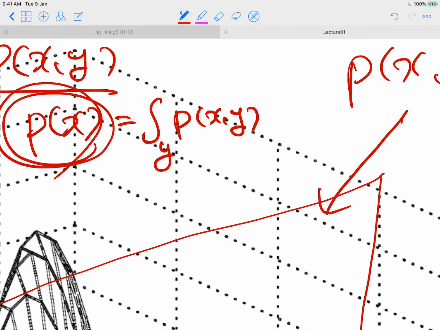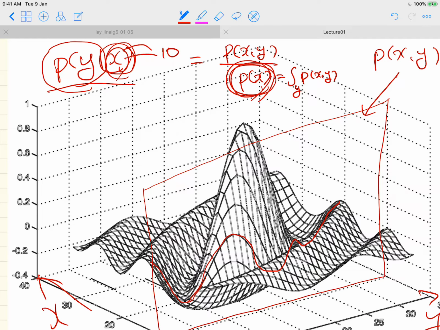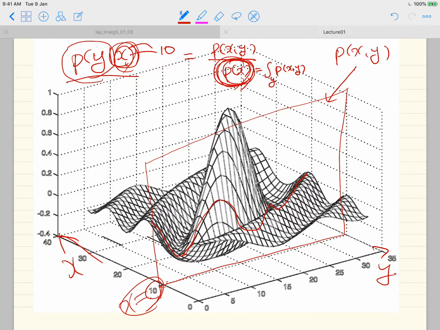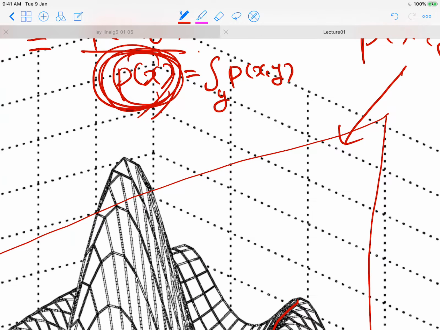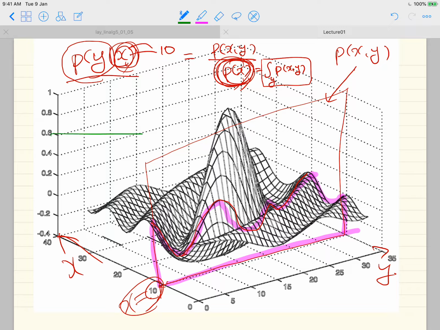So what does that mean? For example, x is 10. What is the probability P of x, which is a marginal distribution, or the integral of the joint over all the possible y? Think of this slice, this sectional shape, and let's bring that over here.